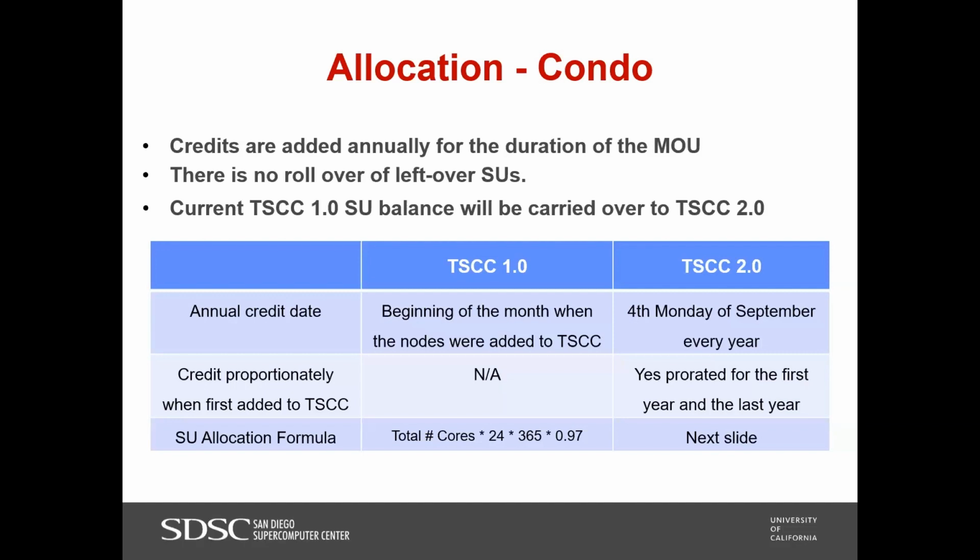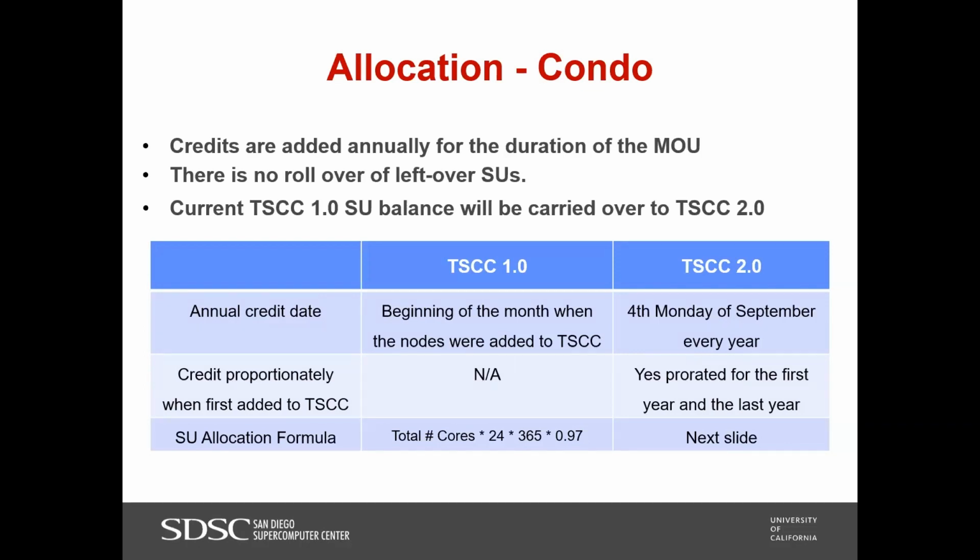On the TSCC1, the SUs will be credited at the beginning of the month when the nodes were added to TSCC. So that means we will have multiple times to add condo allocations every year, and even for the same group, we were sometimes confused about when to add your credit to your allocation.